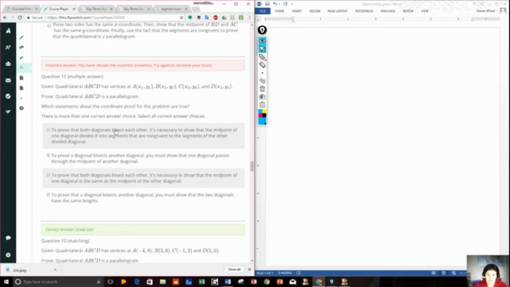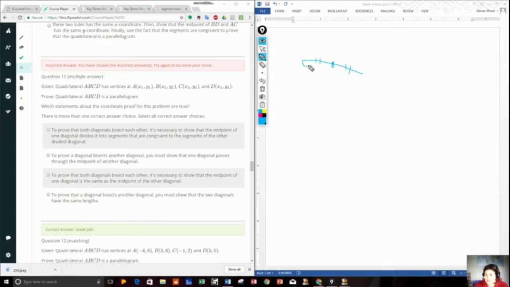Okay, this one talks about bisecting, but I want to see if I can visualize what it is talking about. So say I have some diagonal, and the midpoint of one diagonal divides it into segments that are congruent to the segments of the other diagonal.